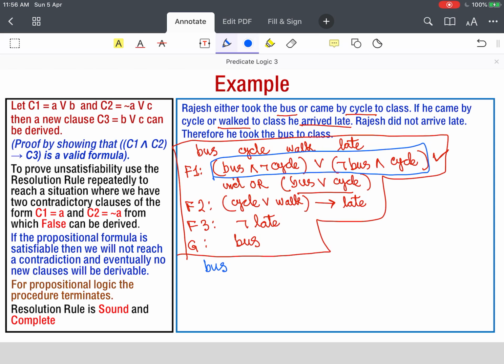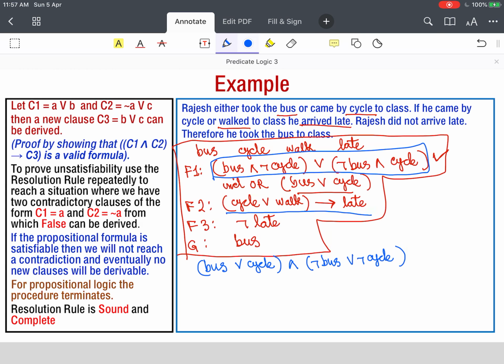Now if we distribute it, we will get bus or cycle, and not bus or not cycle. We'll get these two, because bus or not bus is true, cycle or not cycle is true, and if something is true, we can simply remove it from a conjunctive form. So this is what we get.